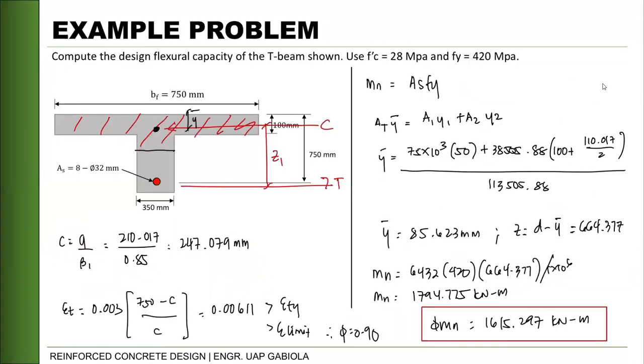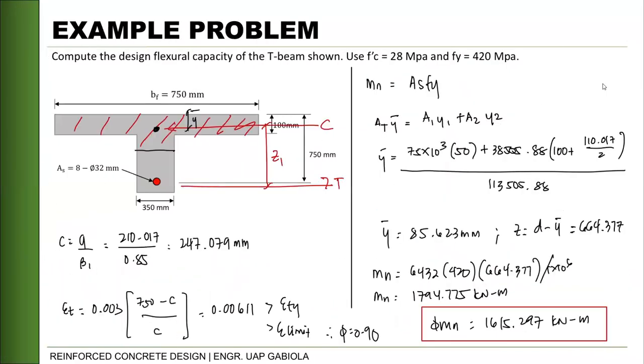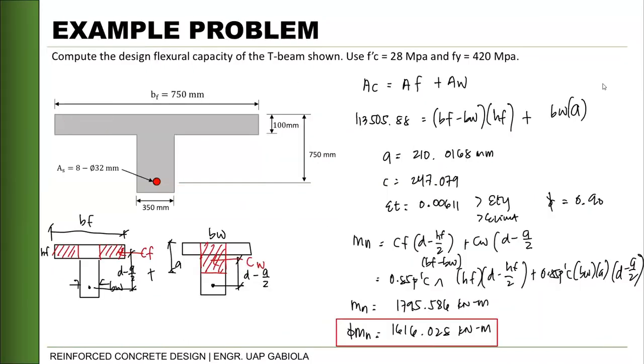So, it depends on you which is easier for identifying the moment capacity of your true T-beam. But again, both procedures are accepted and both are correct.